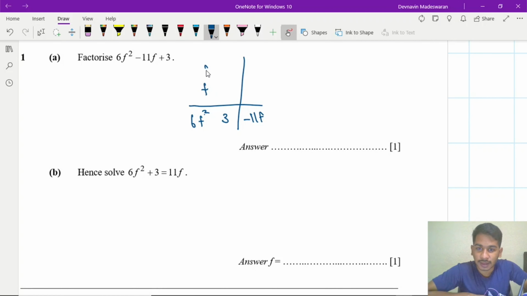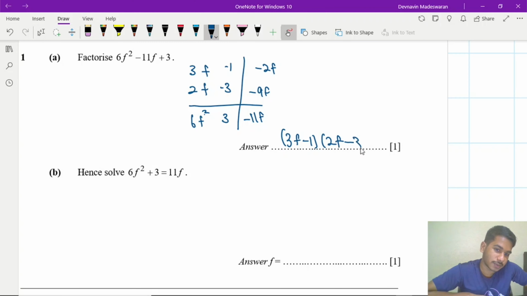It's gonna be f, and let's see how we can split this up. 3 times 2, 3 times 2, and then 1 times 3 somewhere. So 3 and 1, 3, 9, 10, 11. Yeah, 3 and 1, so both of them can be negative. We'll get negative 9f and then negative 2f. That will give us negative 11f. So we have that can be factorized into 3f minus 1 times 2f minus 3.